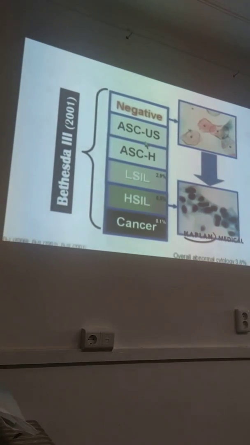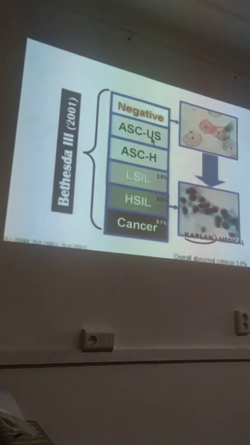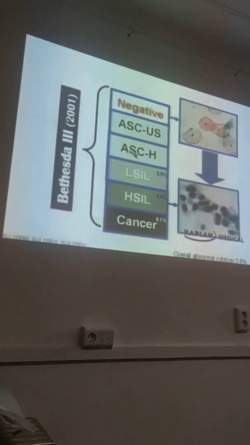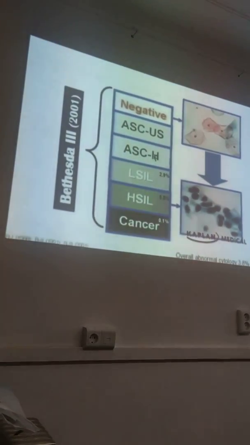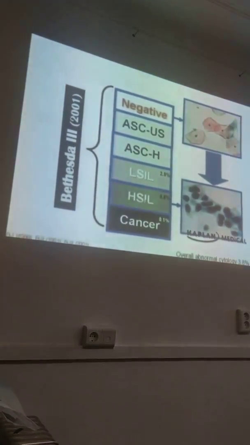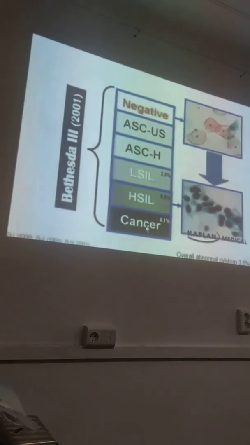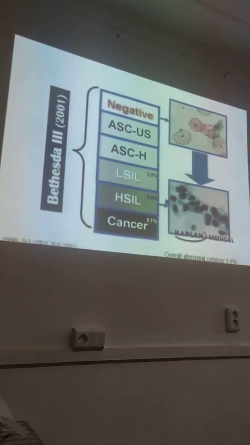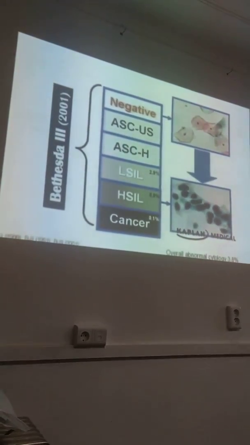Then we have ASCUS, atypical squamous cells of uncertain or unknown significance. ASC-H, atypical squamous cells, cannot rule out high-grade lesion. Low-grade squamous intraepithelial lesion, LSIL. High-grade squamous intraepithelial lesion, HSIL. And then cancer. These are your large basal cells which are shed off the surface with HSIL.